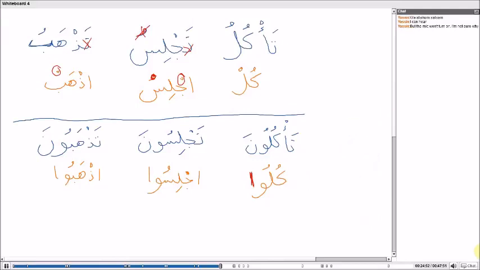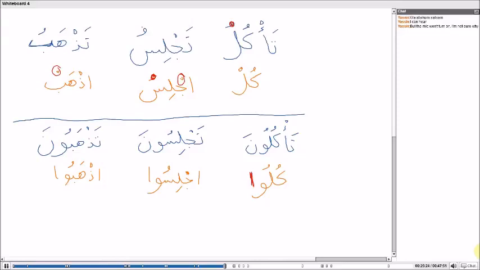But how do I get to prohibition? The prohibition is just basically going to take the dhamma off and make it medzum.